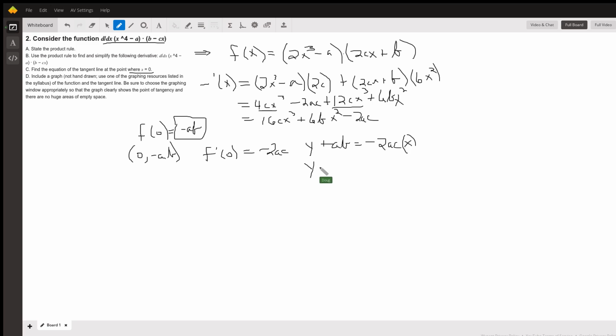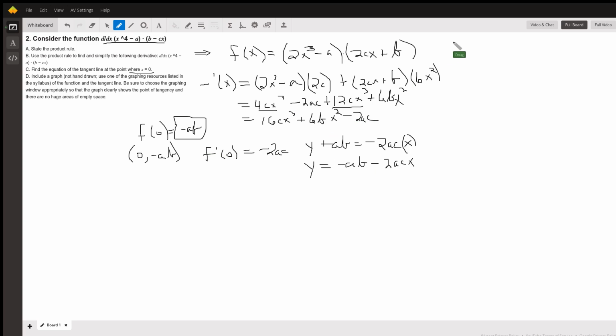Finally, if we want to put it in slope-intercept form, y equals minus 2acx minus ab. Okay, there's your tangent line.